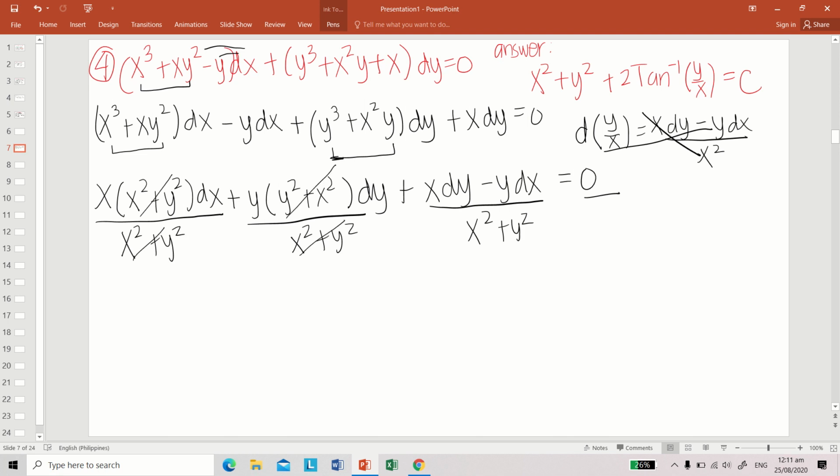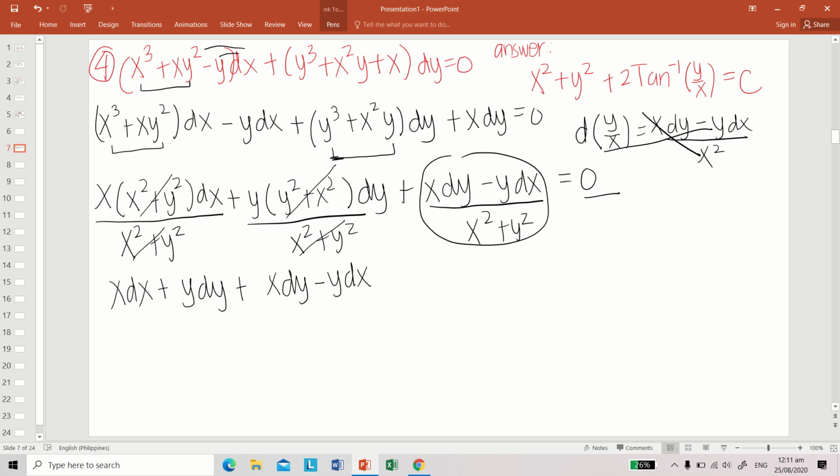So also in the second term, we're going to have x dx plus y dy plus, so this one, we'll just copy it. So we're going to have x dy minus y dx. So we have quantity all over x squared plus y squared equals to 0. So you can see we can now integrate both sides of the equation.